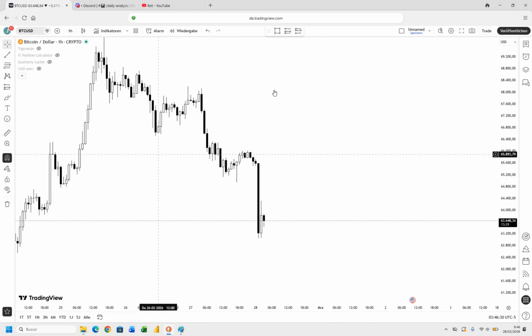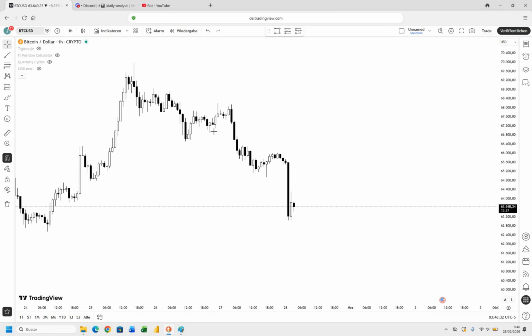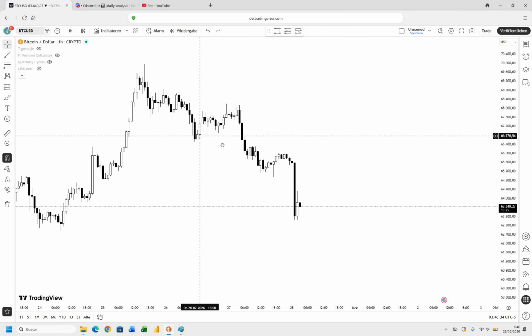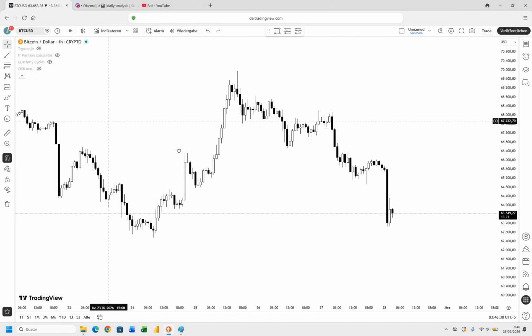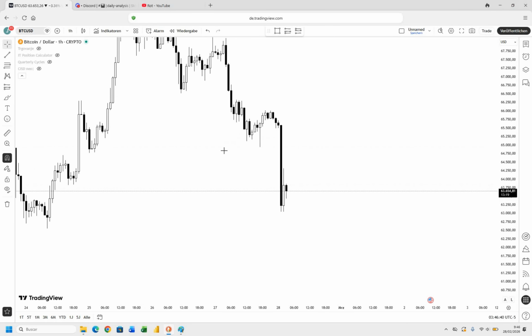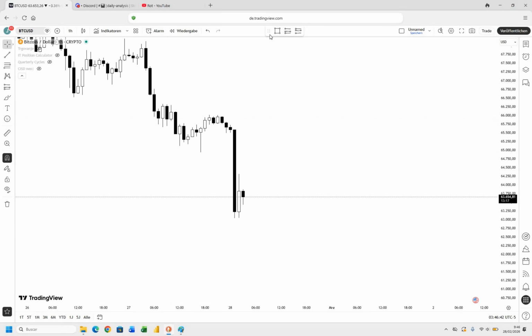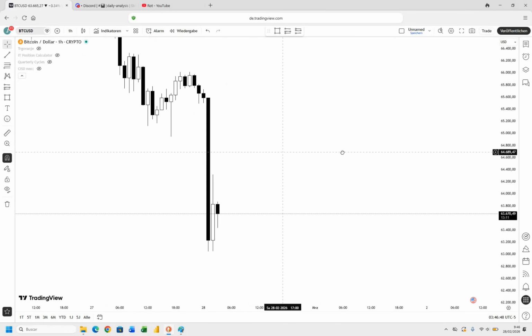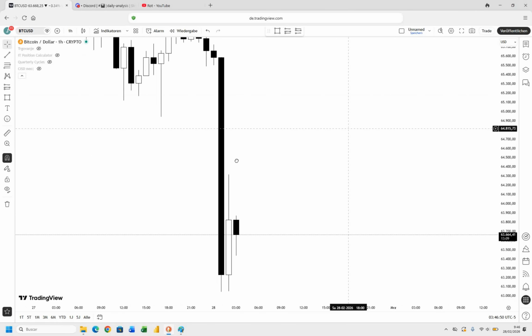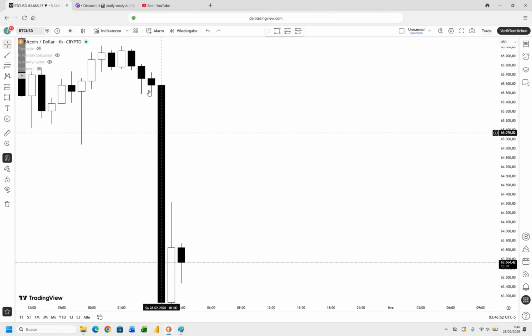First, I'm going to turn off my indicators, and now I want to show you how to find fair value gaps on literally every single time frame. For example, here we have Bitcoin. Let me zoom in a little bit. What do we have here?